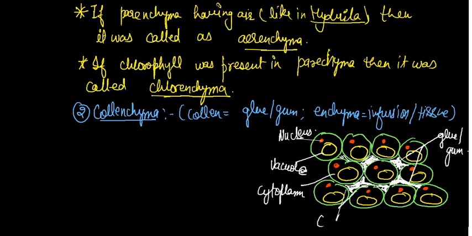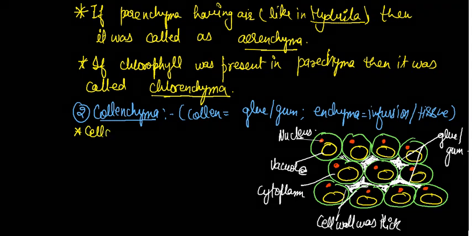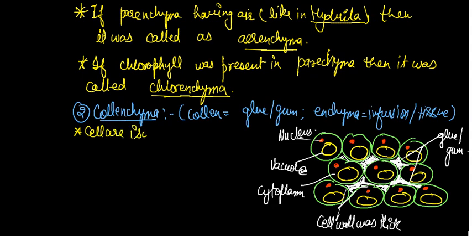So I am going to rewrite the points. Some points are there. Cells are isodiametral. Isodiametral, that you know, cells may be circular, oval, rectangular, or orbital. They contain nucleus, so they are living.